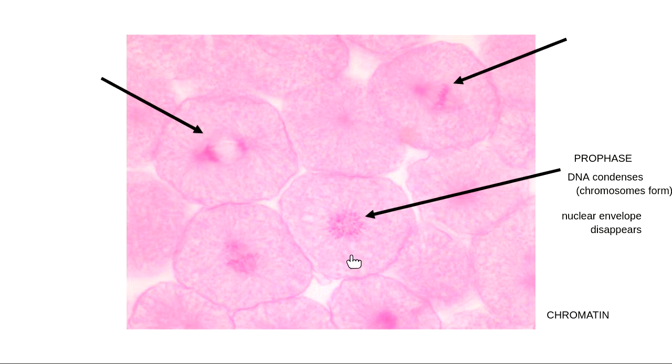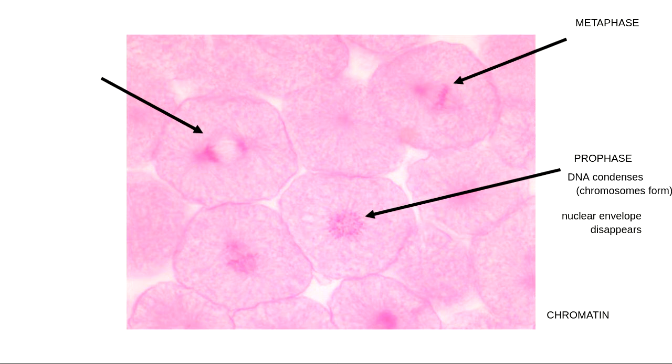We had two cells, this one and this one right here, that were in the same phase. What phase are these two cells in right here? What's the phase on these ones? Yeah, these ones are in metaphase. Metaphase.